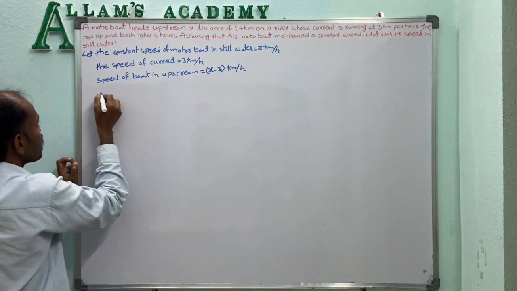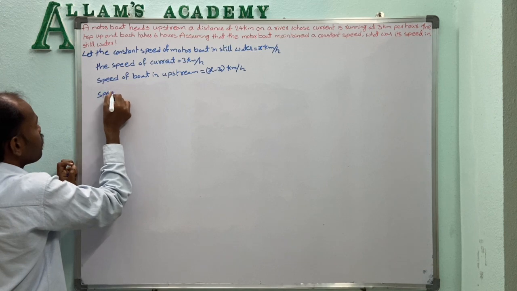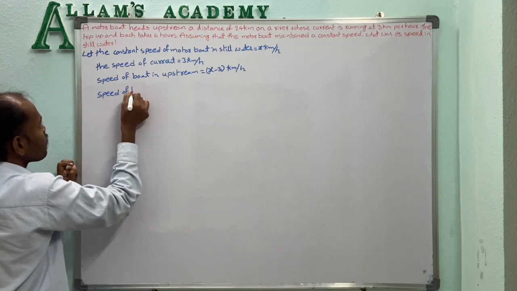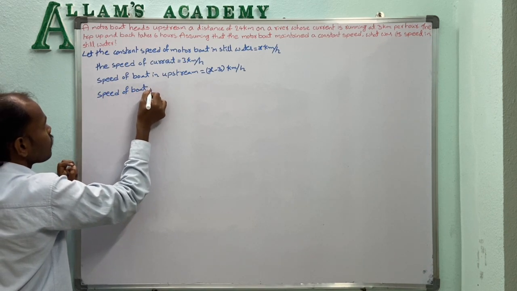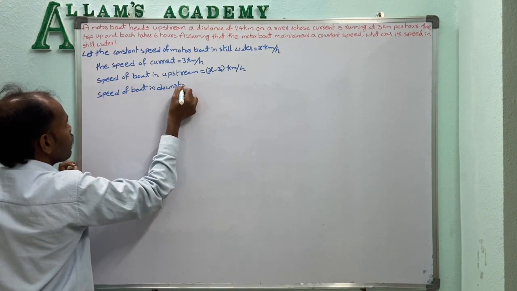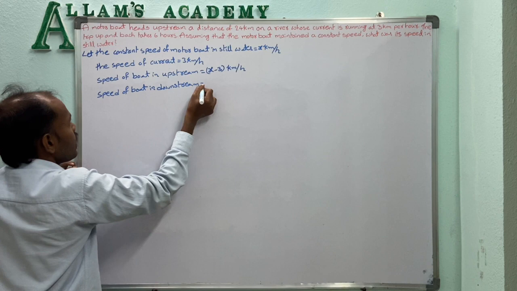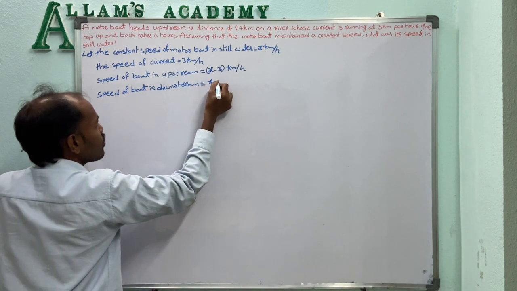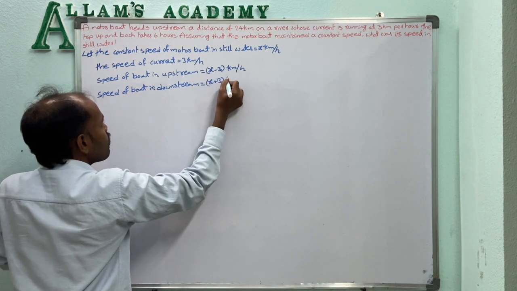In downstream speed of boat, its speed is increased, so x plus 3 kilometers per hour.